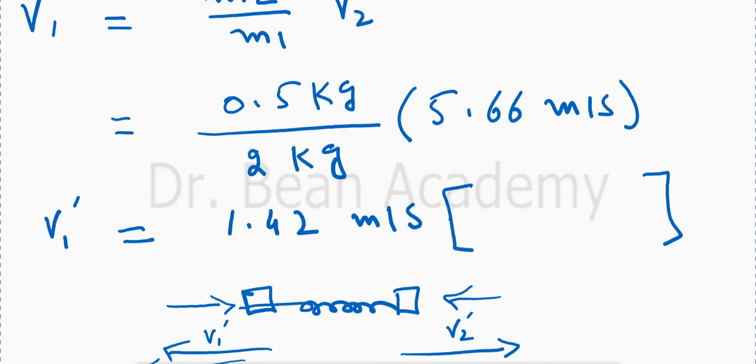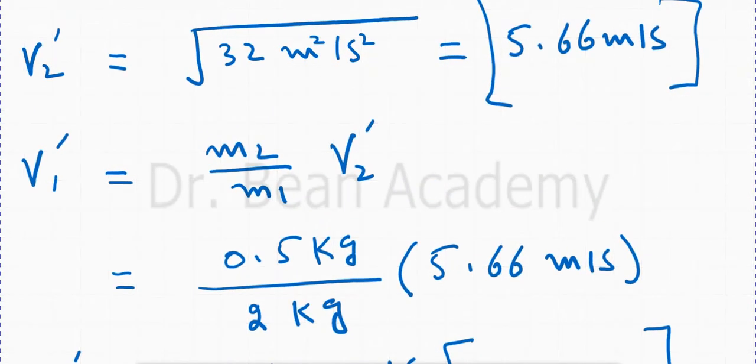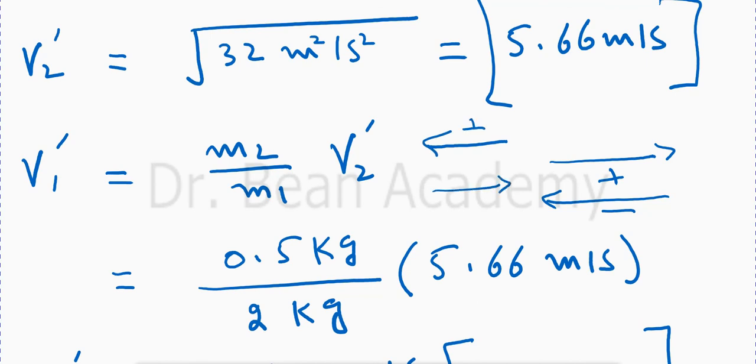And putting this negative sign with either one depends on your reference. Suppose you assume that the direction towards the right is positive and towards the left is negative, or maybe someone else may say that if the direction towards the left is positive, then towards the right is negative. It depends.